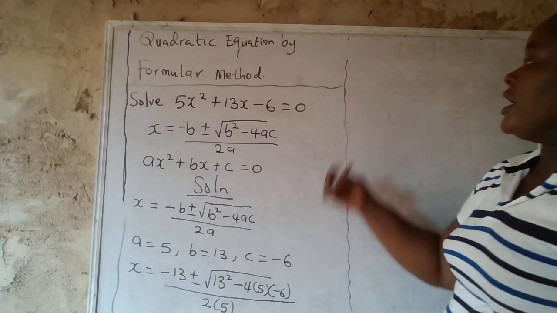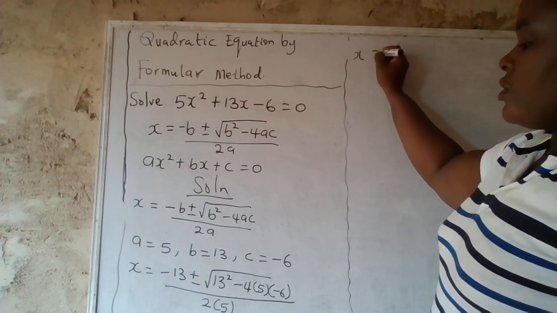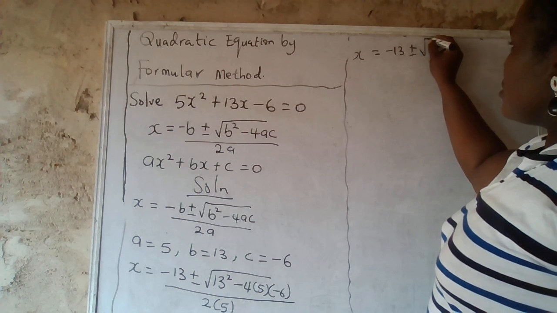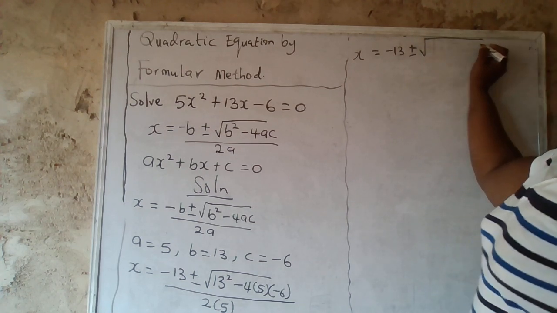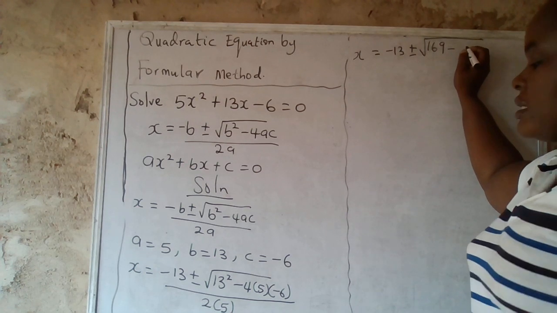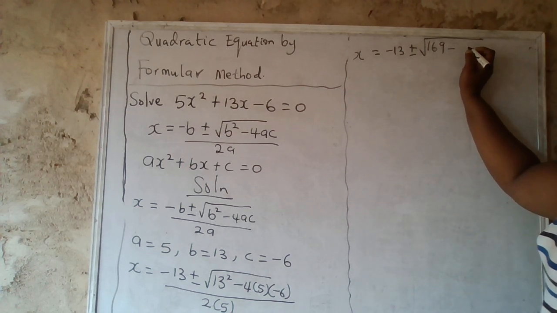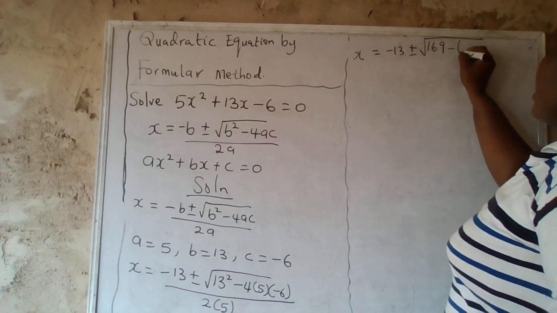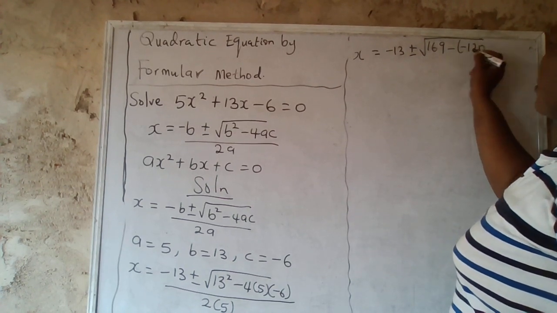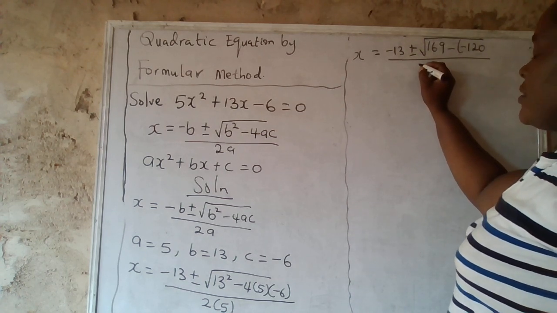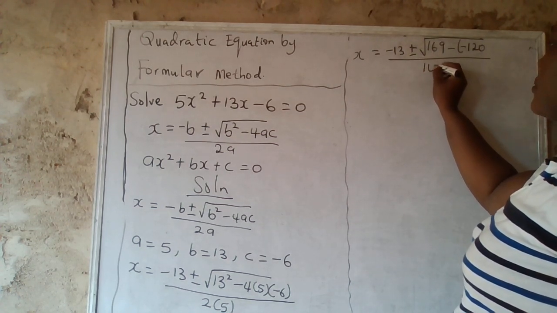Now, let's simplify. x is going to be minus 13 plus or minus square root of 13 squared is 169 minus 4 times 5 is 20 times minus 6 will be minus 120. Good. All over 2 times 5 is 10.